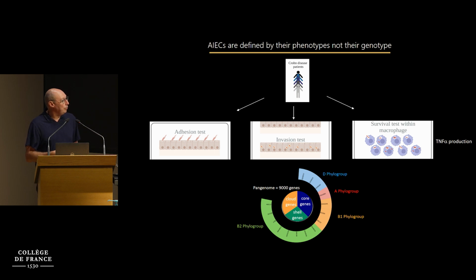This is an illustration of something that some of you who are not working with bacteria may not know. Bacteria exchange a lot of genes, and you will see that in the next talk. In this case, you have 15 strains here, and in total they have 9,000 genes, and just 30% of them are present in each strain. 30% of them are present in only one of these strains.